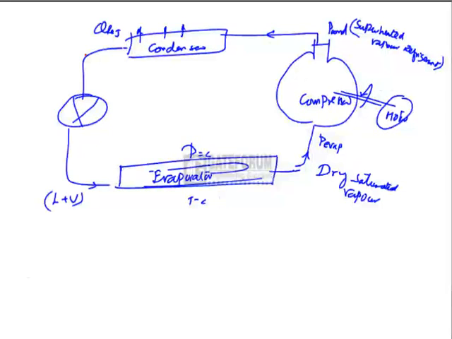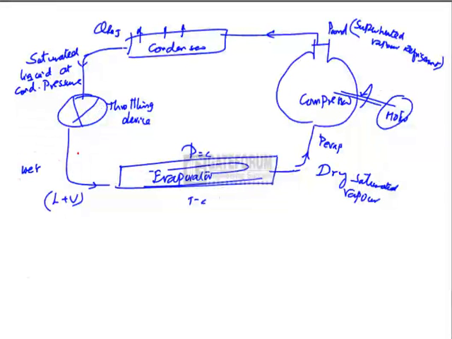By the time it leaves the condenser, it should be the saturated liquid at condenser pressure. This saturated liquid expands from condenser pressure to the evaporator pressure when it passes via throttling device. So the state of the refrigerant leaving the throttling device is wet mixture.